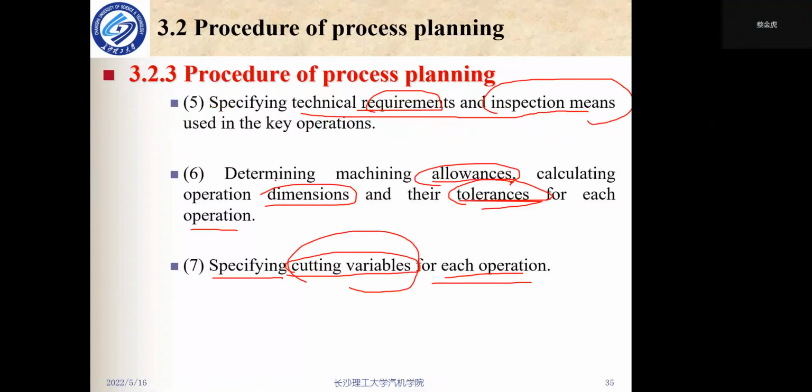The fifth is specifying technical requirements and the inspection means used in key operations, and determining machining allowance, including calculating operation dimensions and their tolerance for each operation, and then specifying cutting variables for each operation. It is related to the machining allowance.